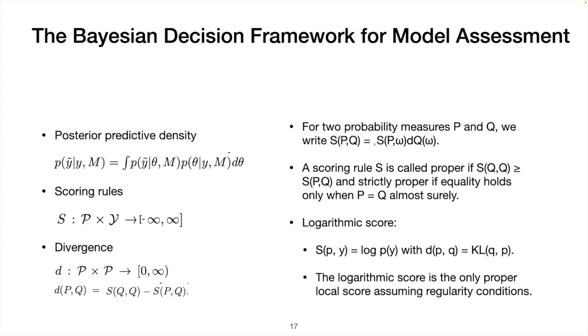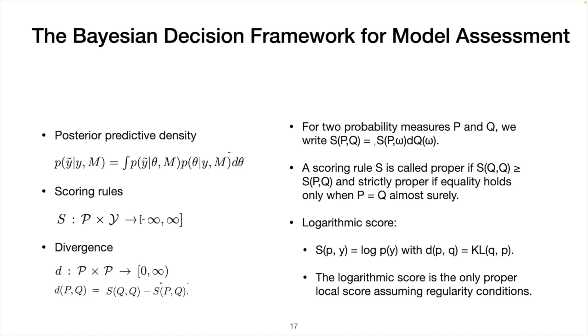And a scoring rule is associated with a divergence, which is also a bivariate function that takes a pair of two probabilities into a positive number, because we can always define a divergence as the scoring rule of itself minus the scoring of your prediction and your true data generating process.